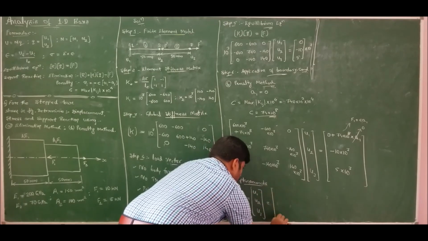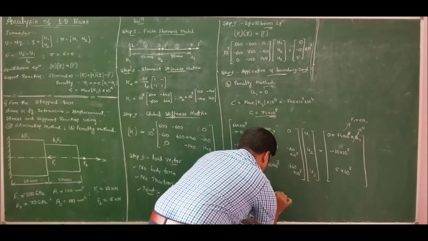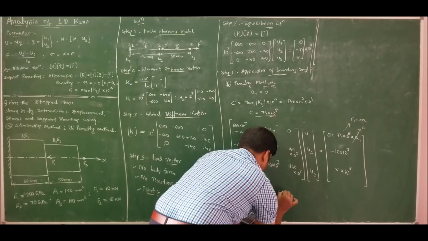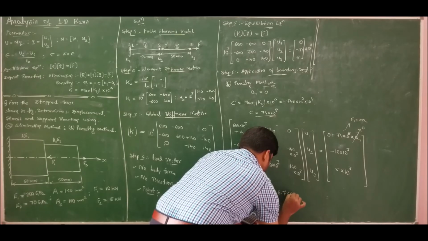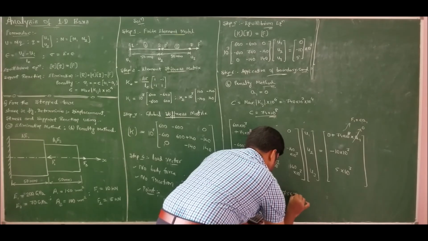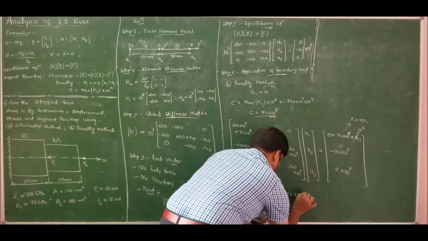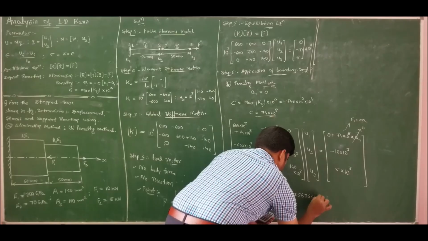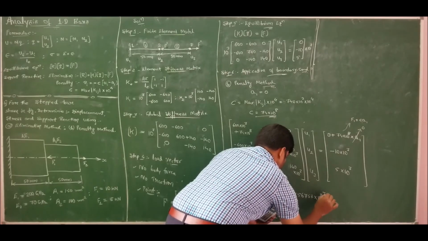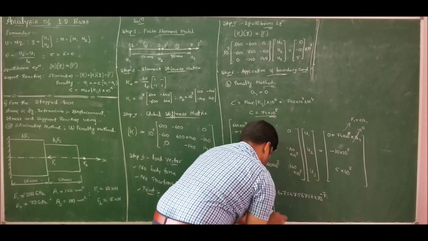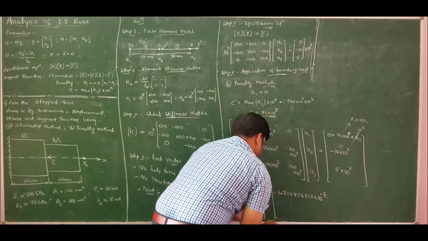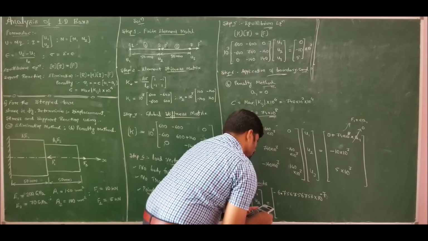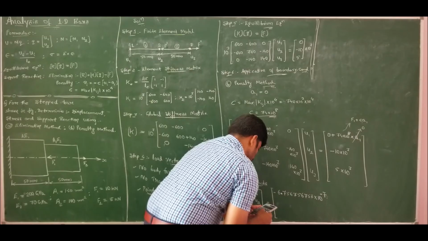U1 turns out to be minus 6.756756757 times 10 to the power of minus 7.